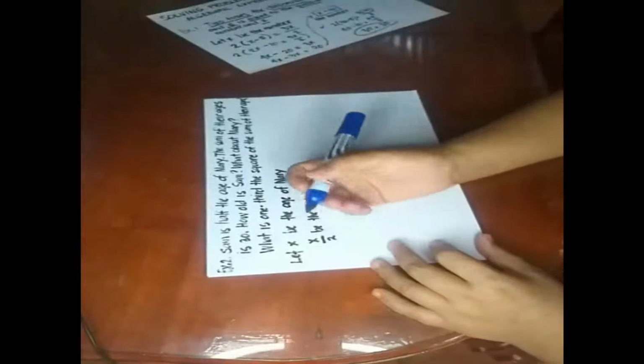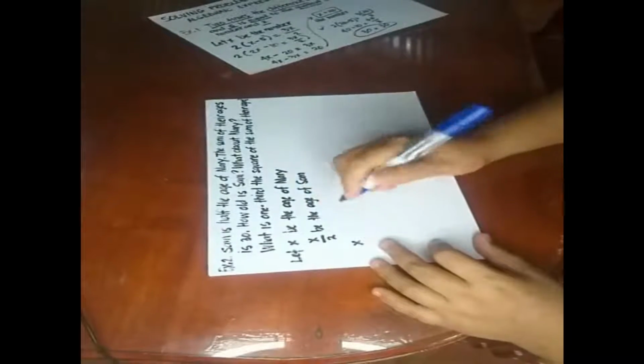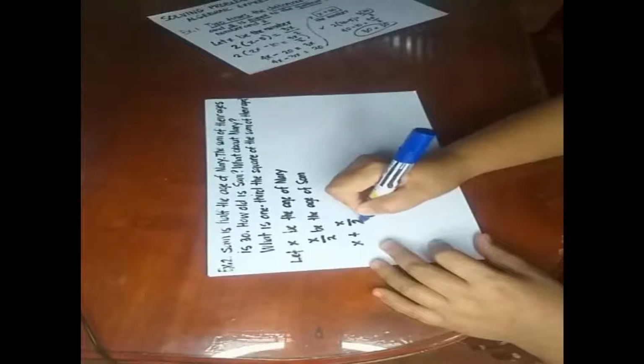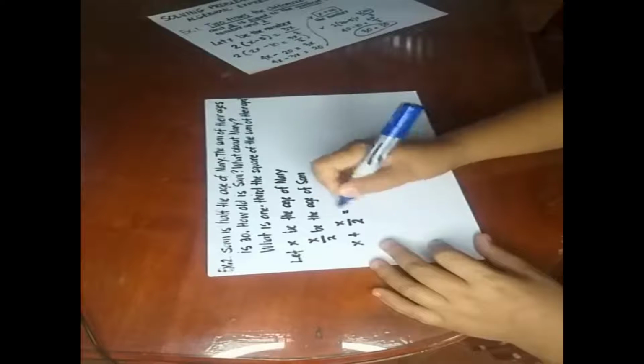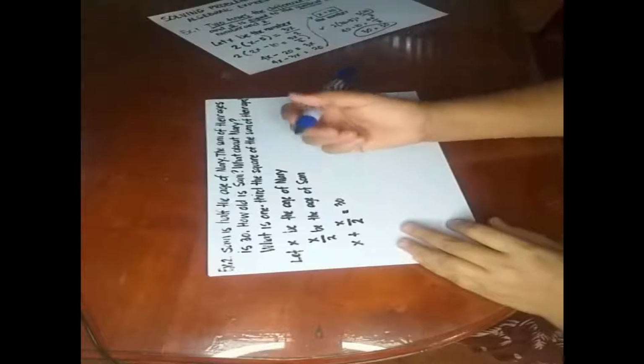So to form the equation: x, the age of Mary, plus x over 2, the age of Sam, equals 30. Then simplify further.